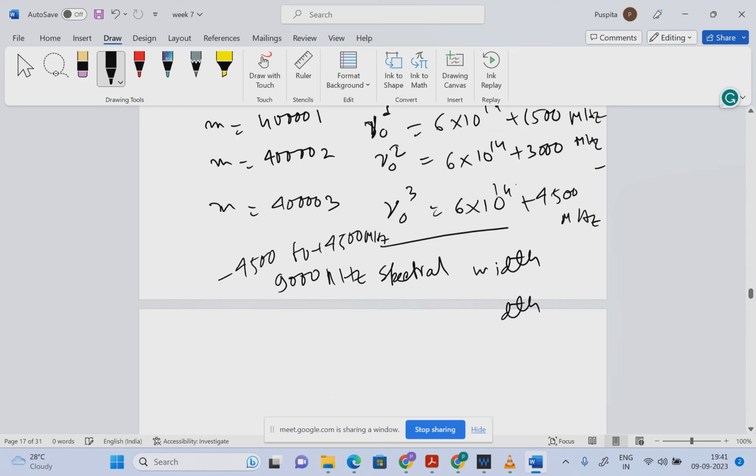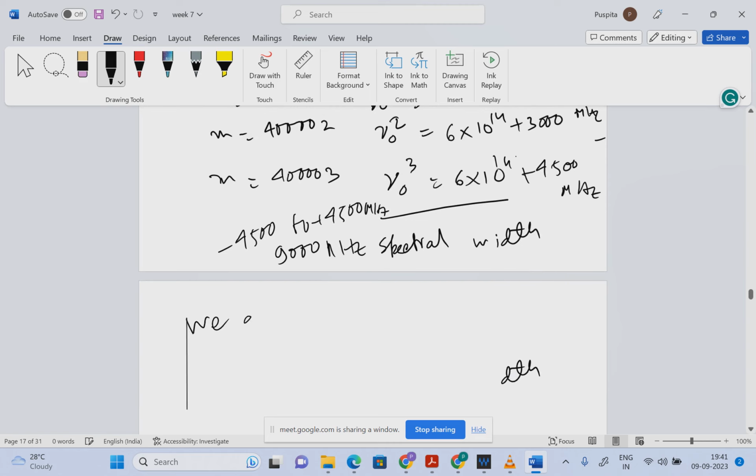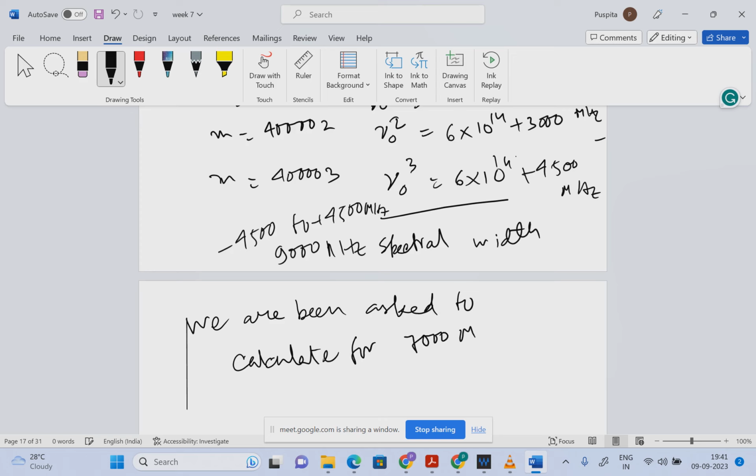We are asked to calculate for 7,000 megahertz spectral width.